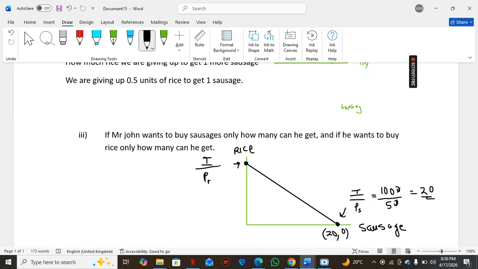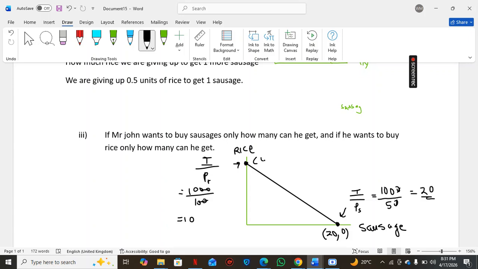Then for the rice, income is 1,000 kwacha over 100 kwacha. So we can only buy 10 bags of rice. If we're only buying rice, we can only buy 10 bags of rice.